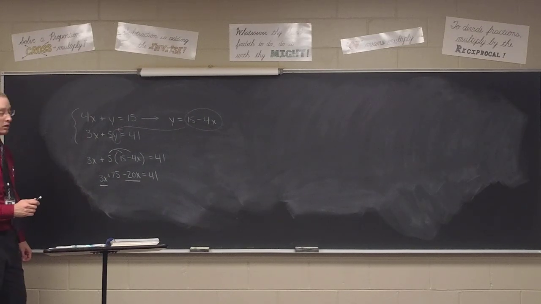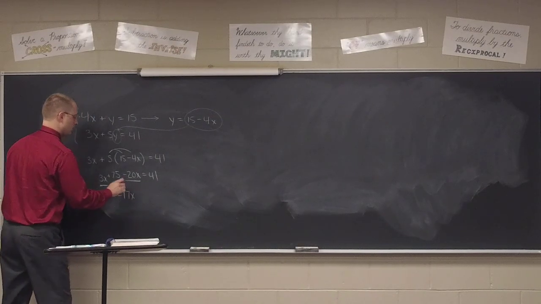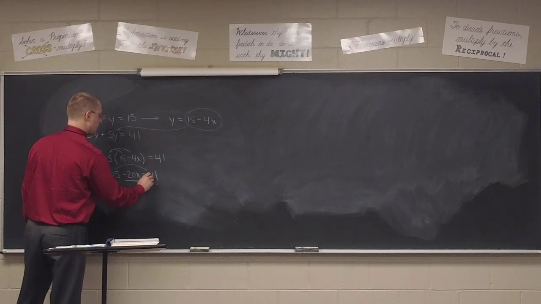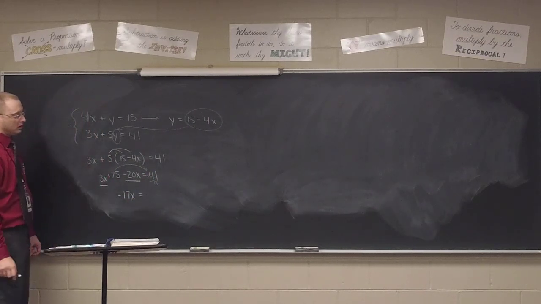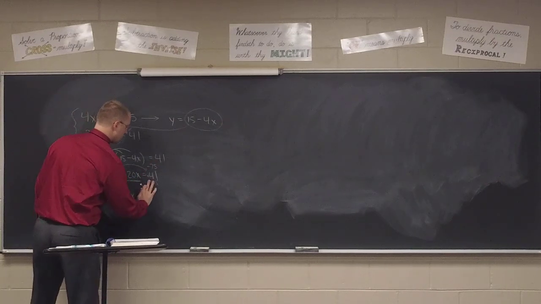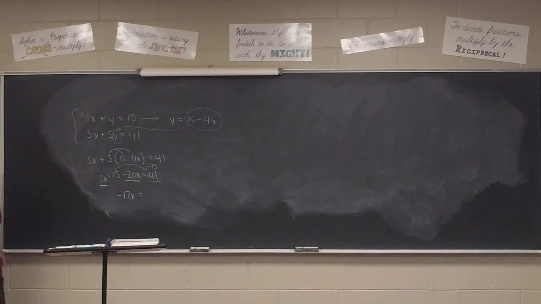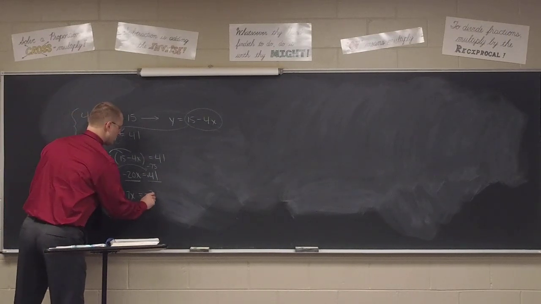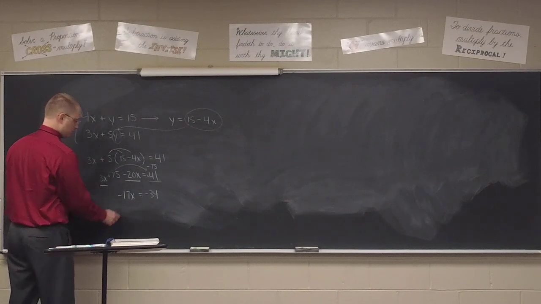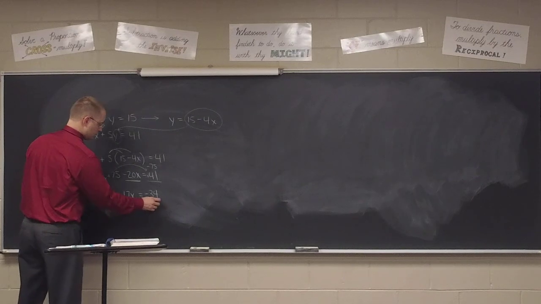You get 17x. Keep the sign of the greater. Negative 17x. Bring the 75 over as a negative 75 to get negative 34. Good. So just the negative 17x equals negative 34, divided away the negative 17.